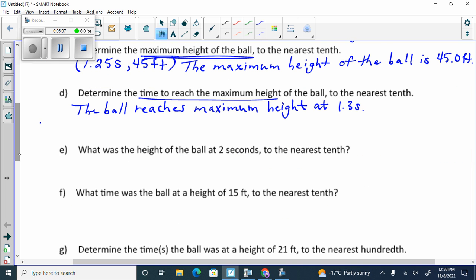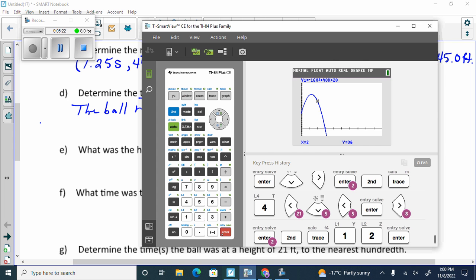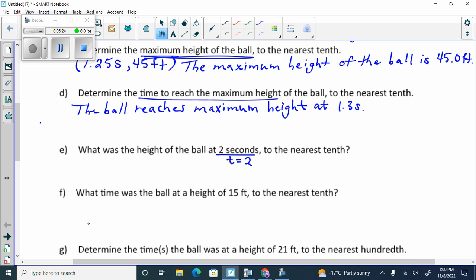Now here it says, what was the height of the ball at 2 seconds? So t equals 2, and t is in the x position, correct? So when I know x, I go second trace value, 2, enter. And it's 36.0.